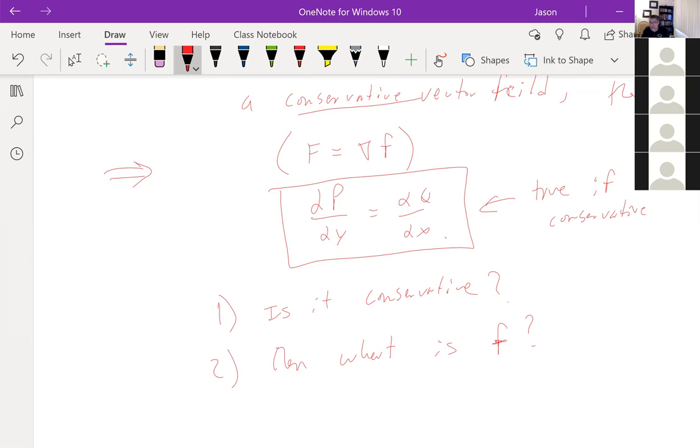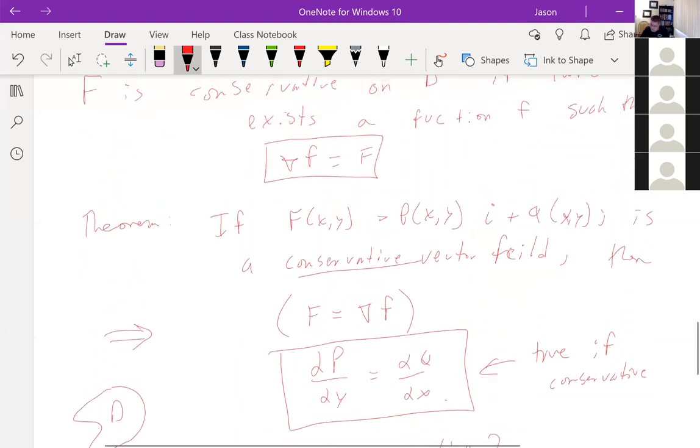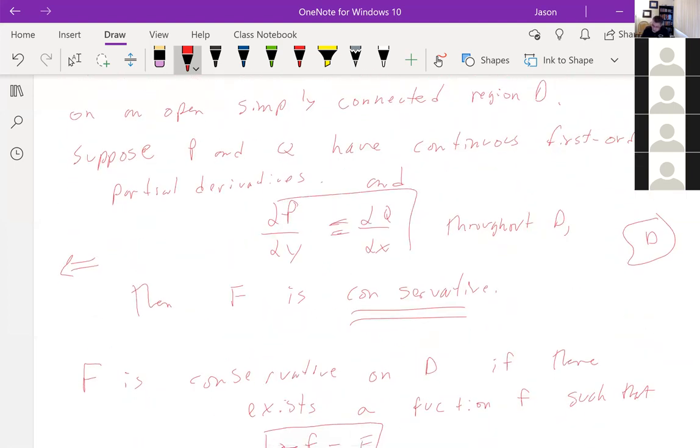If this is true and it's a simple region, it's not got any holes or any weirdness to it, then it's conservative. So it's forwards and backwards; it's two theorems in one. If you have that criteria on a simply connected region, then it's conservative.